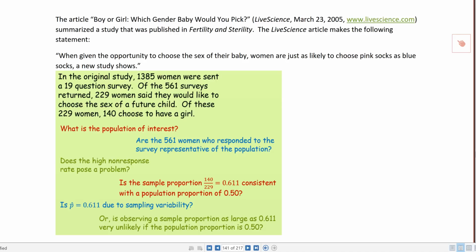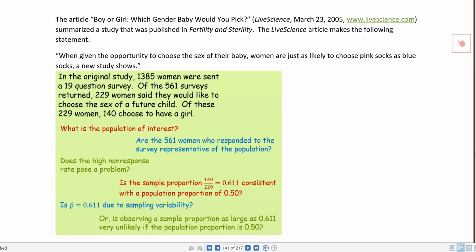So the sample proportion, 140 out of 229, is 0.61. Is that consistent with a population proportion of 0.5, where half would choose to have a girl, half would choose to have a boy? Is p hat equal to 0.61 due to sampling variability? Right? So those are the things that we're wondering.